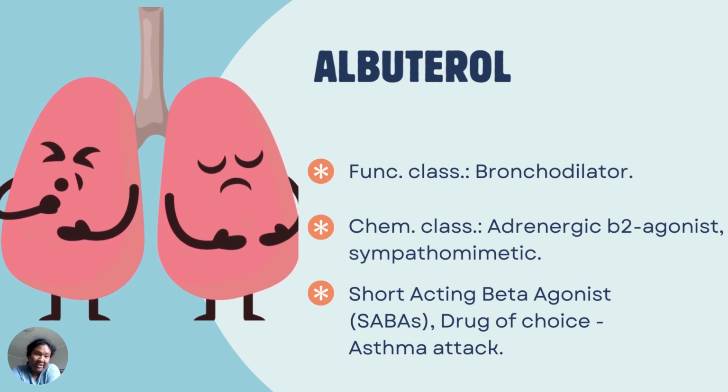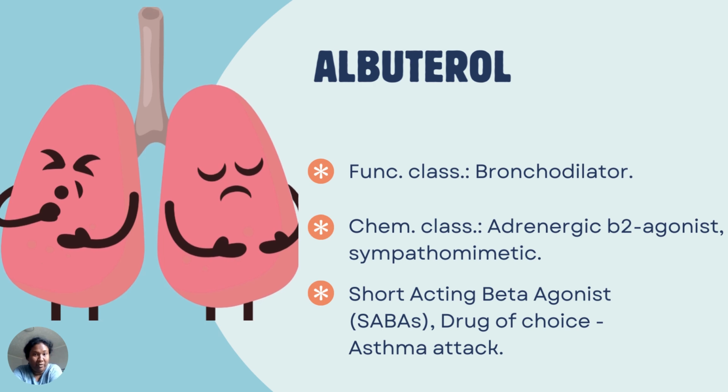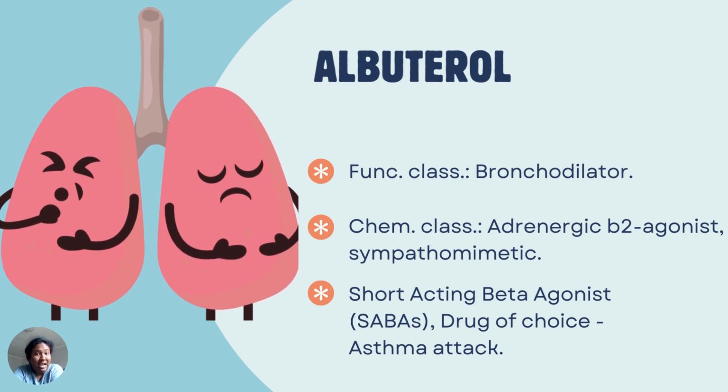So the functional classification is bronchodilator. The chemical classification is adrenergic beta 2 agonist, or it belongs to the sympathomimetic drug. Speaking about the beta agonist action, it belongs to the adrenergic beta agonist drug. That means it works on the beta receptor cells.